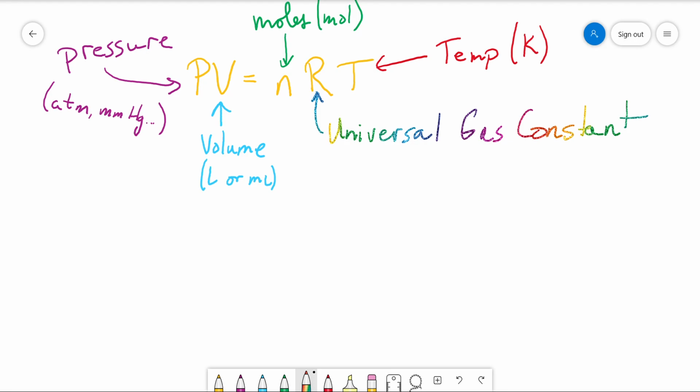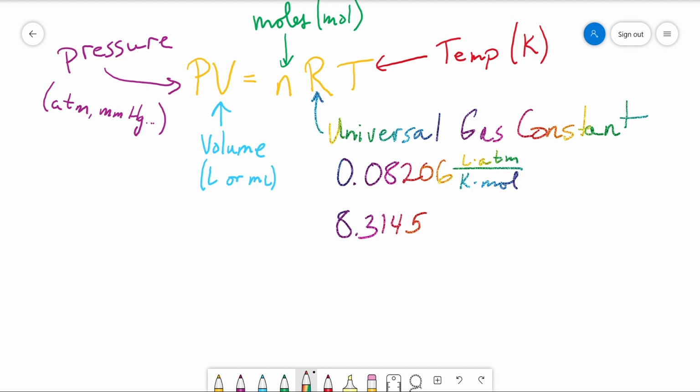And it can have different values depending on what units you are using. So one of those values, the one I tend to stick with, 0.08206. The units are liters times atmospheres over kelvins times moles. Remember that liter atmospheres can be a unit of work.